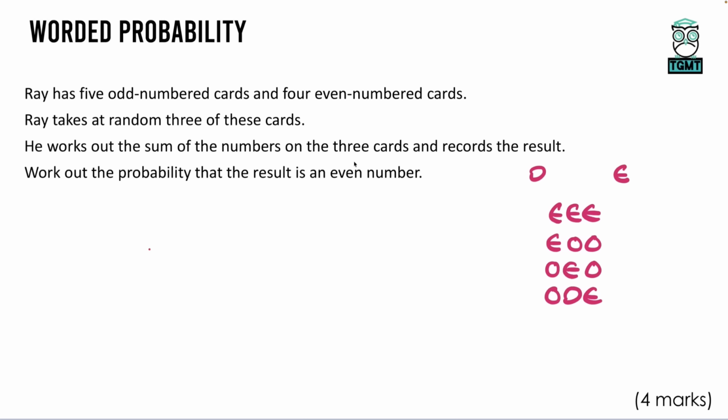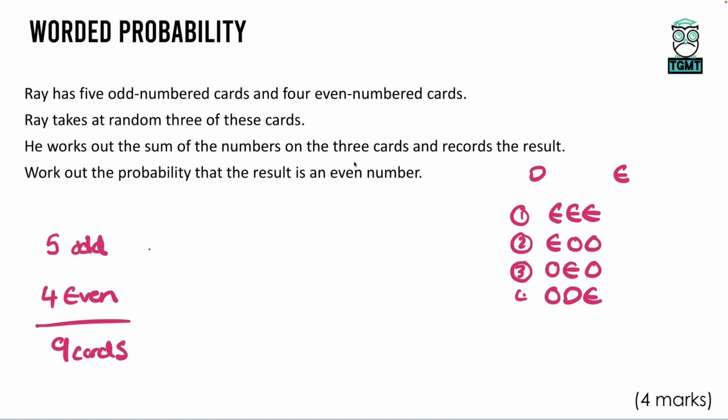So if we're going to take this approach, there are currently 5 odd and there are 4 even. Now if we think about that, that means that this is out of 9 cards. So on our first pick, if we go for this even, even, even, if we label these up, 1, 2, 3 and 4, these are the 4 options that we need to work out.